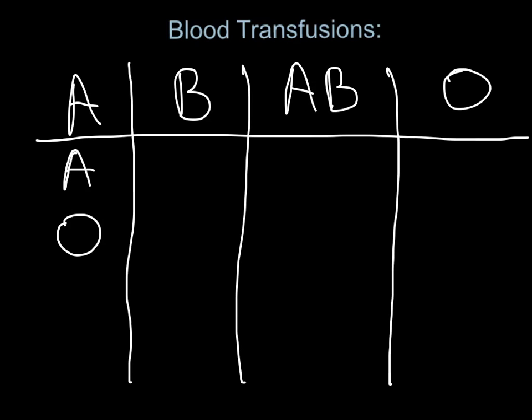As for O, since it has no carbohydrates, the immune system overlooks it and no problems are caused. If someone with type A blood got a transfusion of type B, it would cause a lot of issues because the immune system would try to attack it because it sees it as a foreign cell.